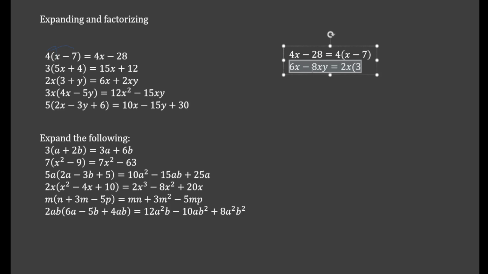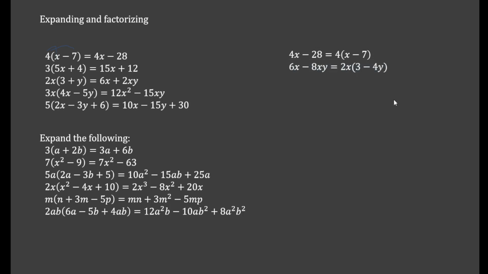And if I divide minus 8xy by 2x, the 2 goes into 8 and gives me minus 4, and the x cancels out this x, so I get minus 4y.